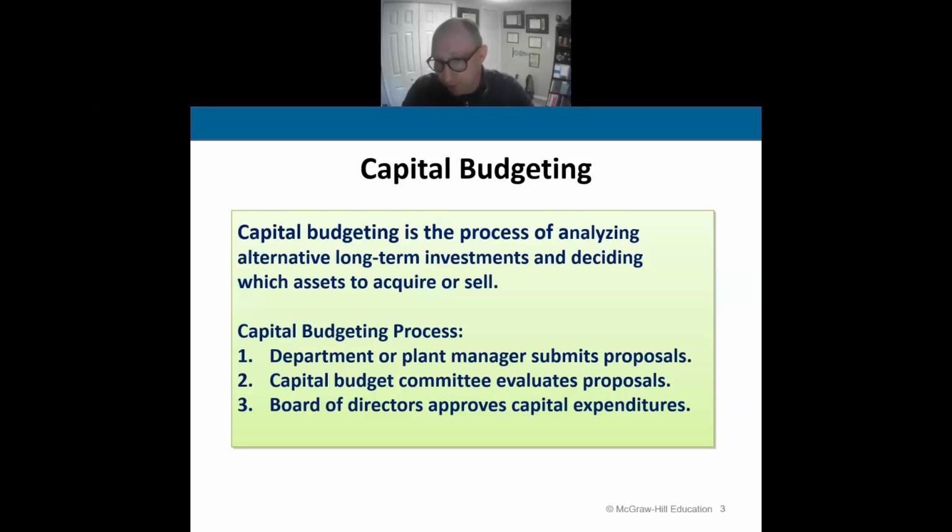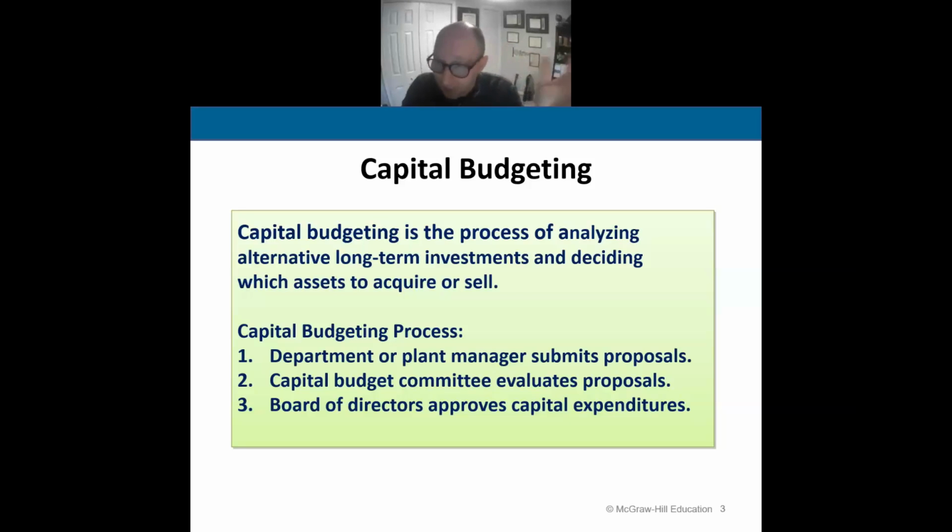When your business decides to upgrade the computer system, comes out of capital budget funds. When your business decides to renovate the building, capital budget funds. When the business decides to purchase new machinery, capital budget funds. This is long-term planning, long-term planning funds.